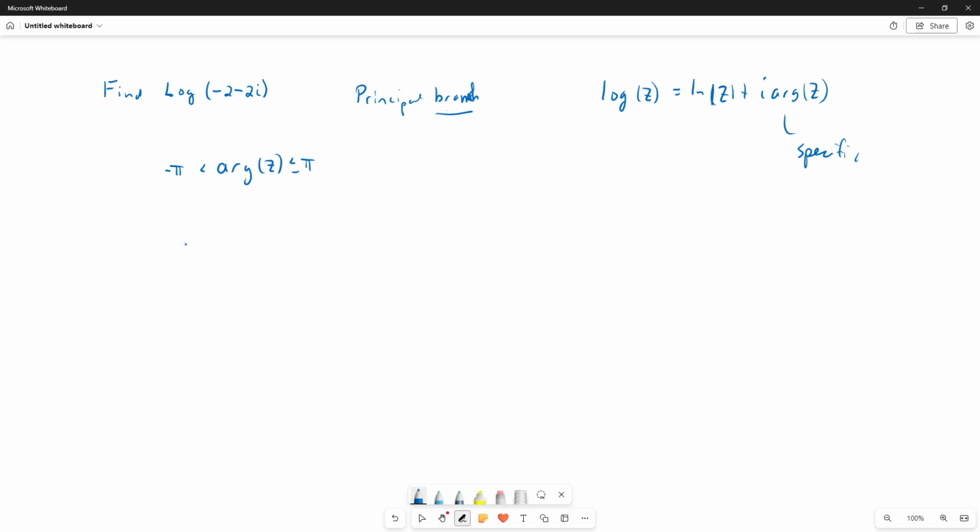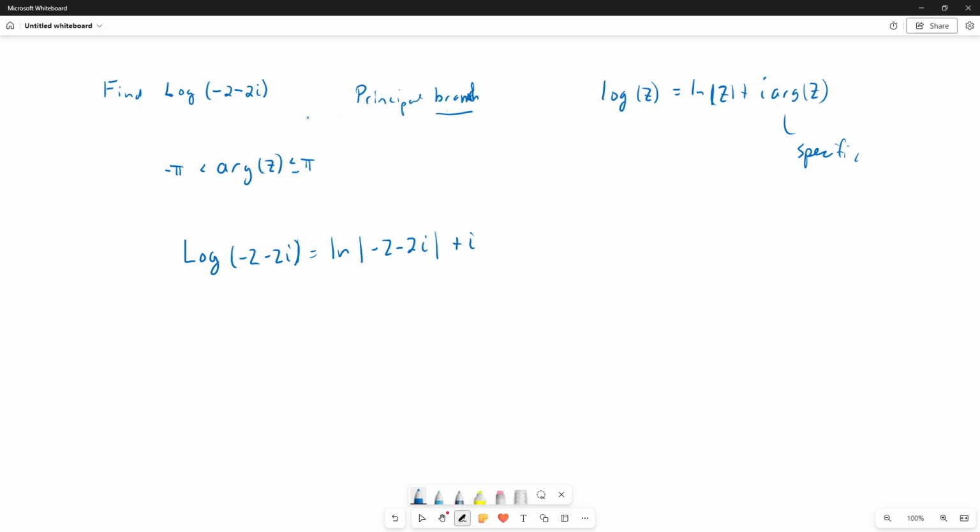So let's see here. The logarithm of negative 2 minus 2i is equal to the natural log of the modulus of the complex number. That's exactly the same as the multi-valued logarithm. And then we have plus i times, and now we want a specific argument.